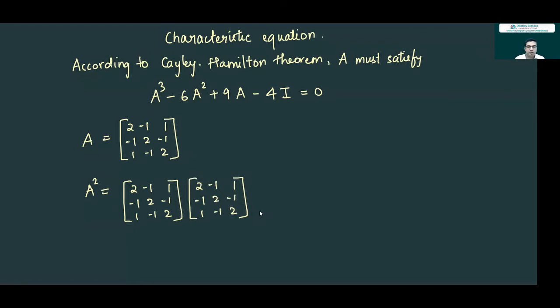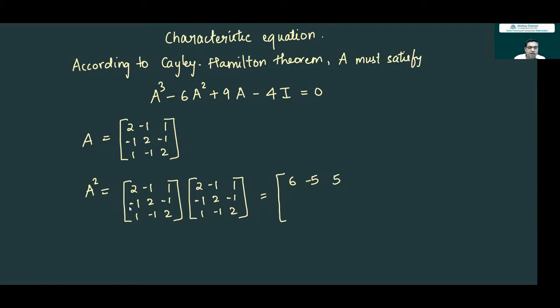So this will be equal to 4 plus 1 plus 1, 6. Then the first row multiplied by the second column, minus 2 minus 2 minus 1. So minus 2 minus 2 minus 4 minus 1, minus 5. Then the last one, 2 plus 1 plus 2, 5.